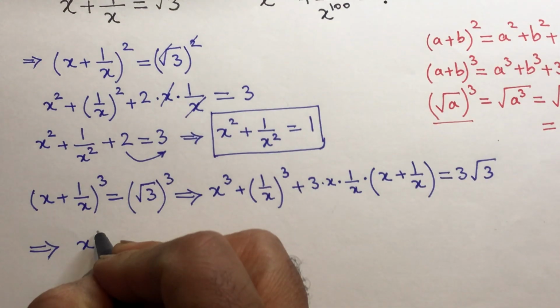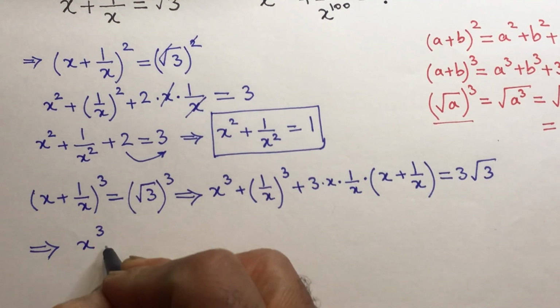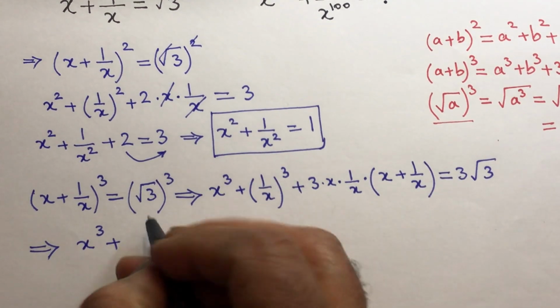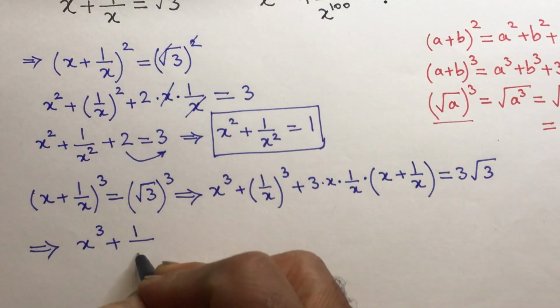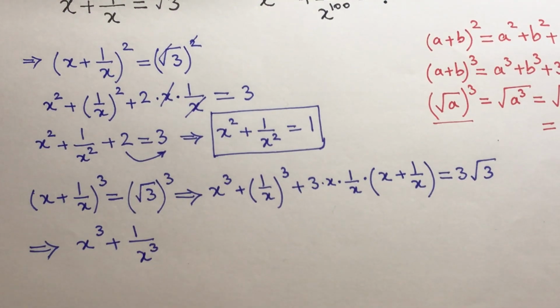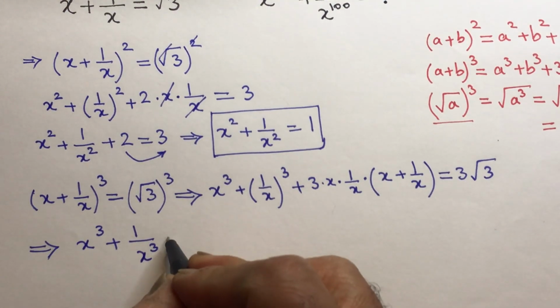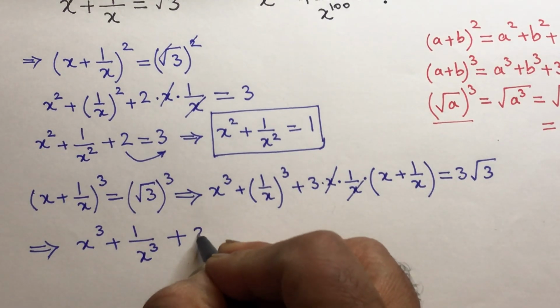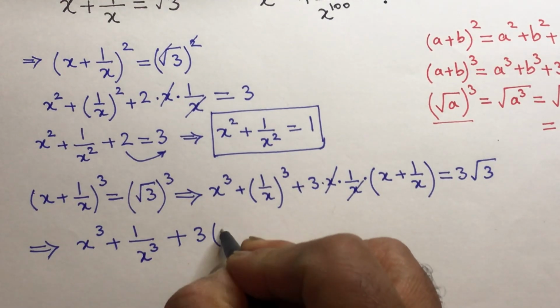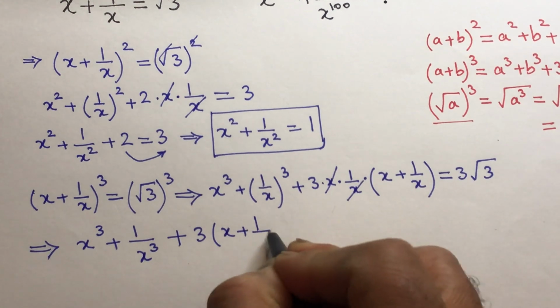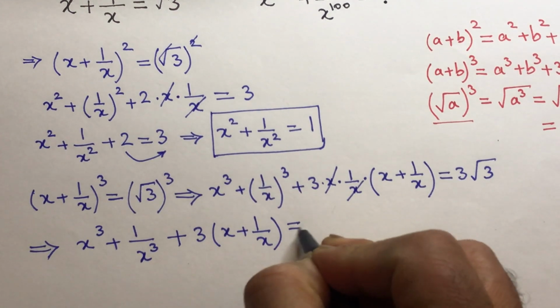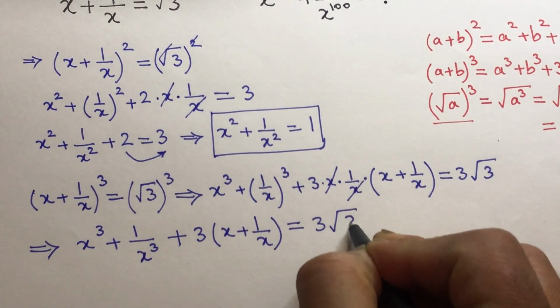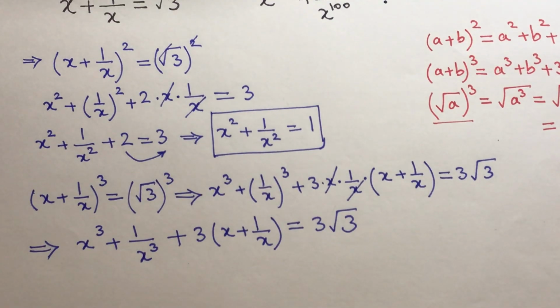Now I can simplify it more. It equals x cubed plus, again, numerator to the power of 3 is 1, x cubed in denominator, plus x simplified with this x, and we have 3 times (x plus 1 over x) equals 3 square root of 3.